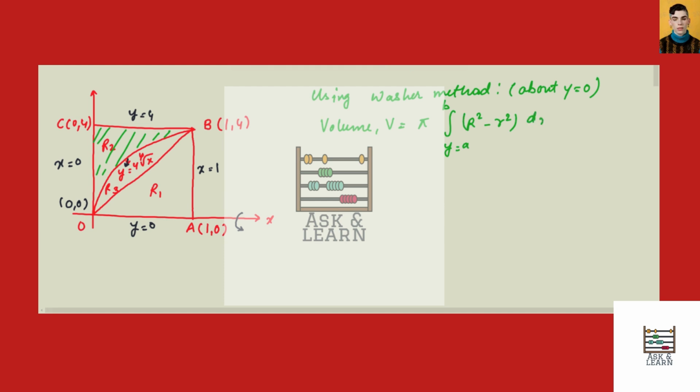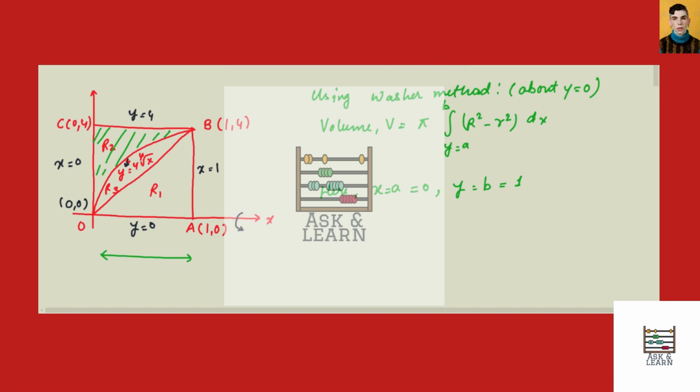Here x equals a equals 0, because we have this limit. This limit is 0 to 1. So y equals b is equal to 1. That is the lower limit and the upper limit. In this way we will solve this.